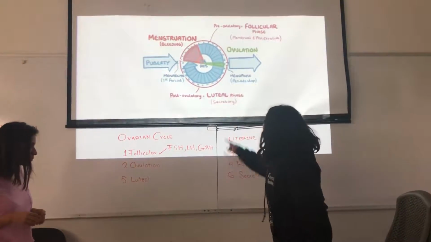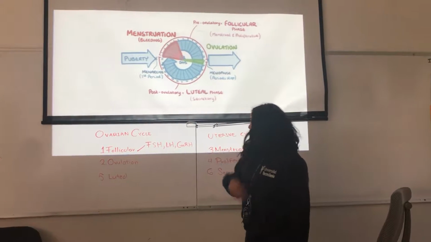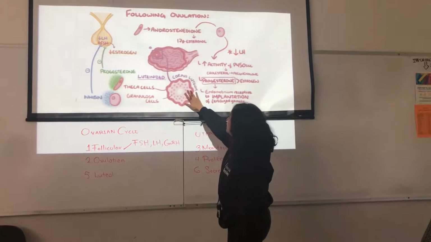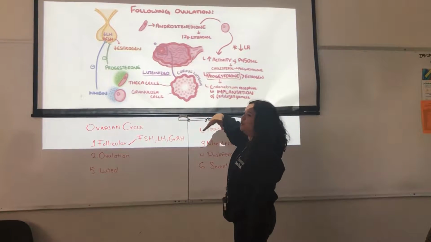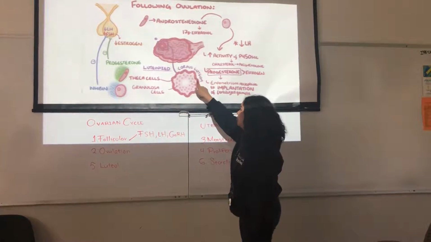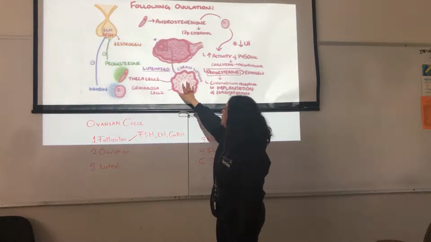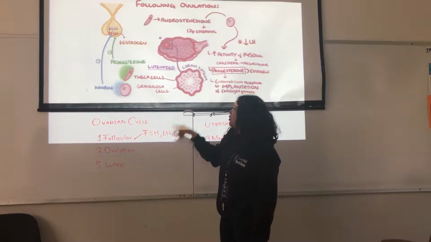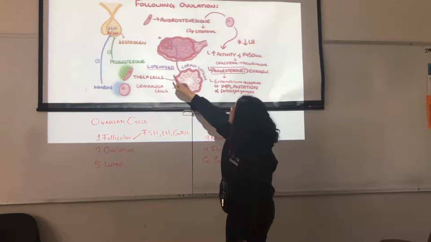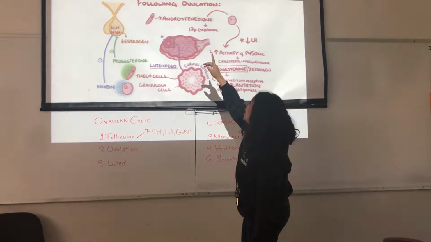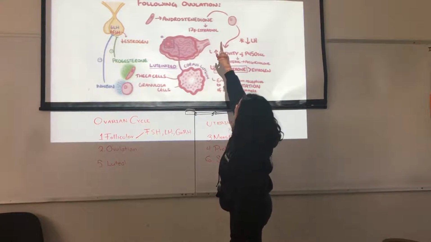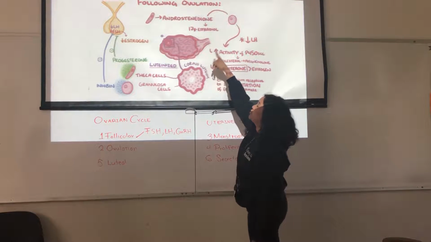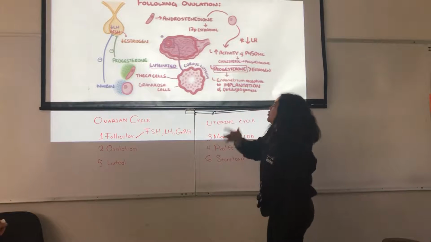Okay, now we're going to talk about the luteal phase of the ovarian cycle. Now that the oocyte has left the follicle, it becomes the corpus luteum. This is made up of granulosa cells and theca cells, which are luteinized by the hormone LH. The theca cells continue producing androstenedione, and the granulosa cells keep converting it into 17-beta estradiol, which we already know is estrogen.